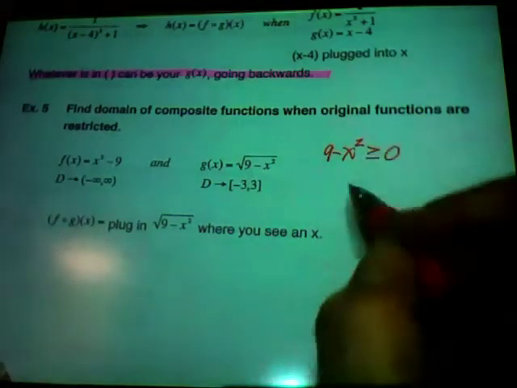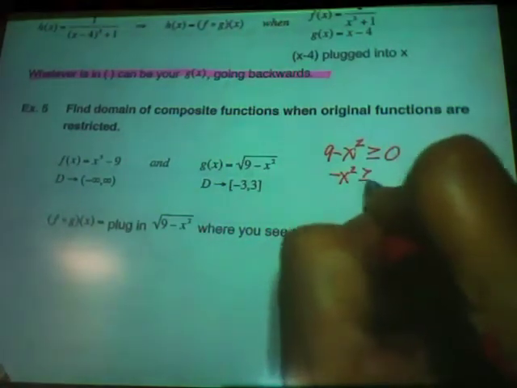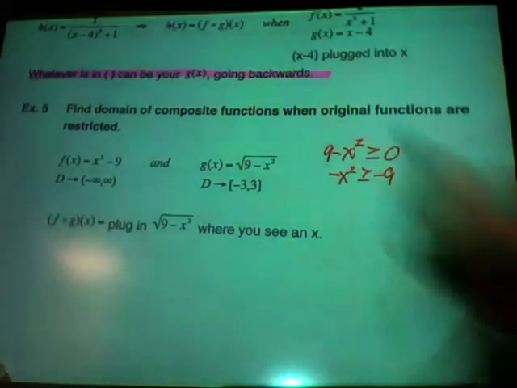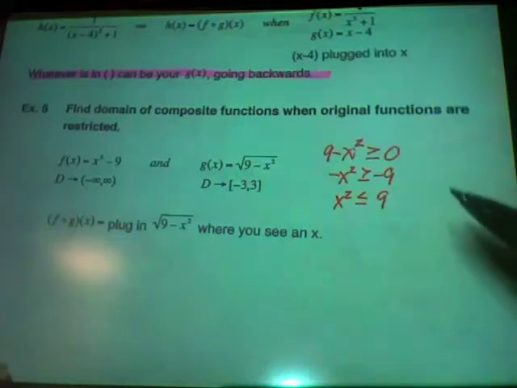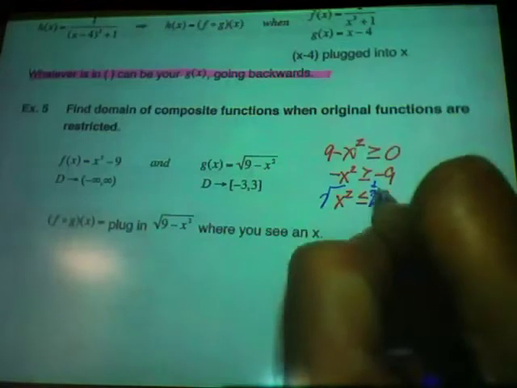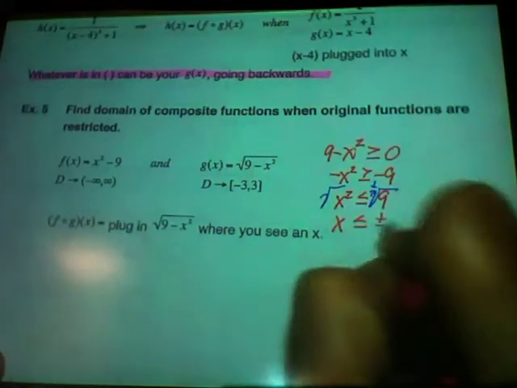Solve this. If I subtract 9, I have negative x squared greater than or equal to negative 9. Wouldn't I divide by a negative? So x squared less than or equal to 9. Then what do I do? Take the square root and plus or minus the square root. And I have x is less than or equal to positive or negative 3.